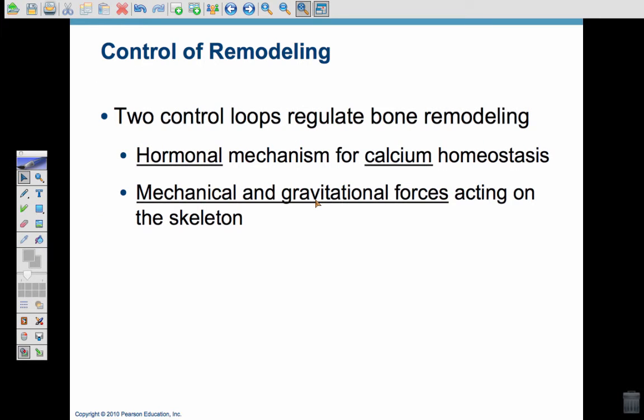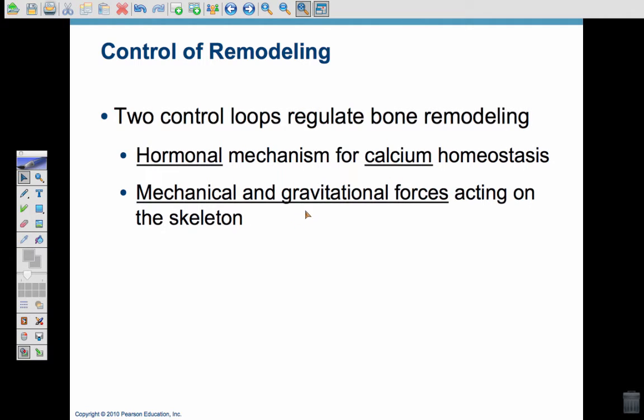Now, what controls this? There are actually hormones that do. There's one particular primary hormone that we'll talk about, parathyroid hormone, and it is particularly involved in regulating calcium homeostasis, to regulate the levels of calcium within the blood as well as the levels of deposition within the bone.